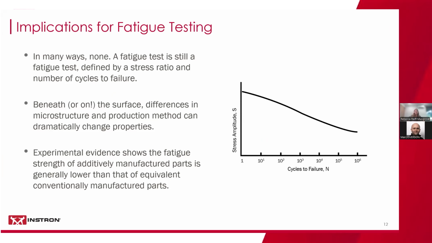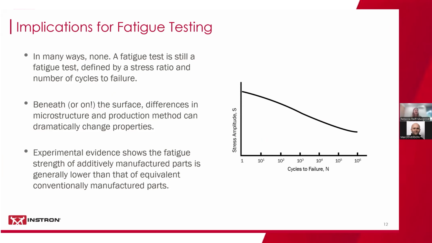Before I get into the industries, a general note on the implications for fatigue testing across all industries. I really want to emphasize that, firstly, in many ways, it is none. A fatigue test is still a fatigue test, and I really don't want us to lose sight of that. It's defined by a stress ratio, often known as S, and a number of cycles to failure, often known as N, and you can build up the SN curve.